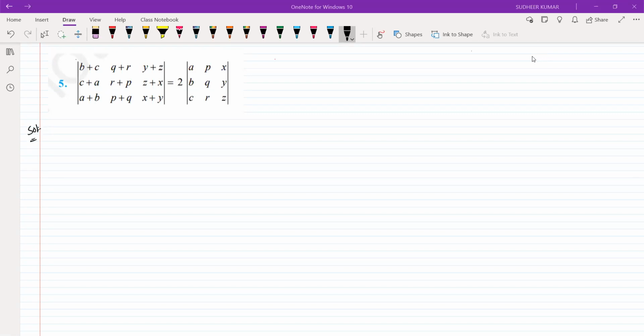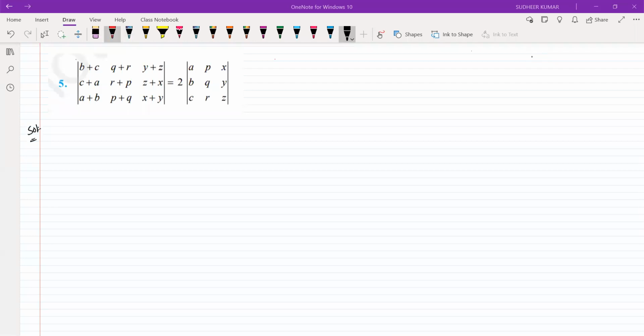We can proceed. So here, the left side part we have each element consisting of 2 terms. The right side part we have only 1 term, right? So we'll try to make the left side part first, each element a single term. So how to make it?